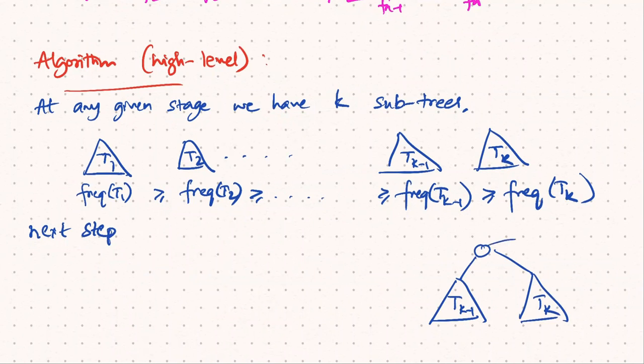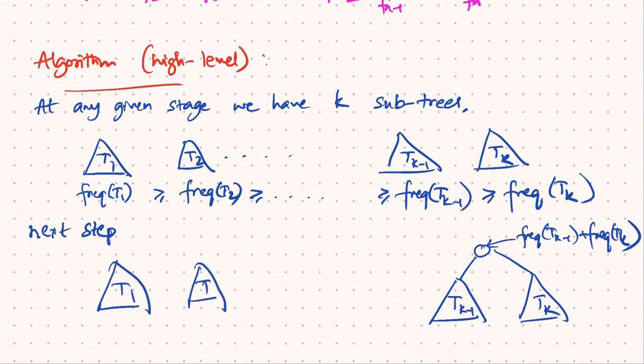Okay. And over here, I would just add the frequencies for this node. I could just label it with the sum of the frequencies of Tk minus 1 and Tk. And everything else remains as it is, right? I'll have T1, T2 up till Tk minus 2. Okay.